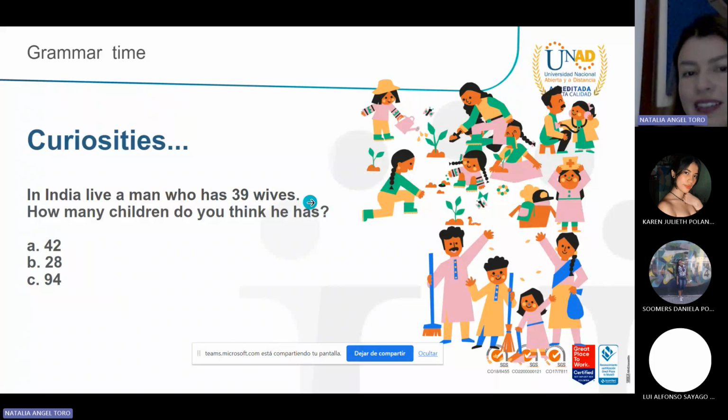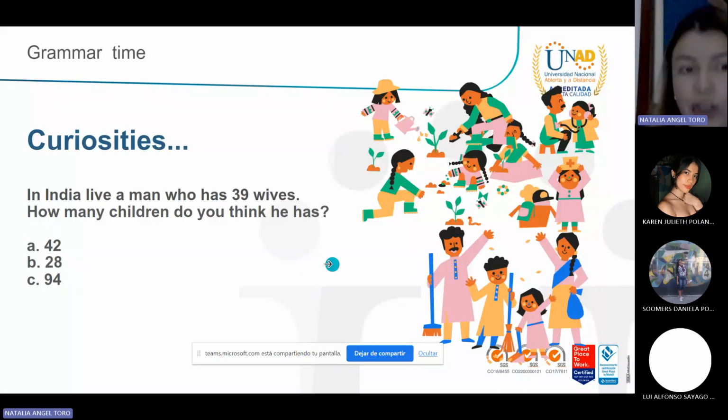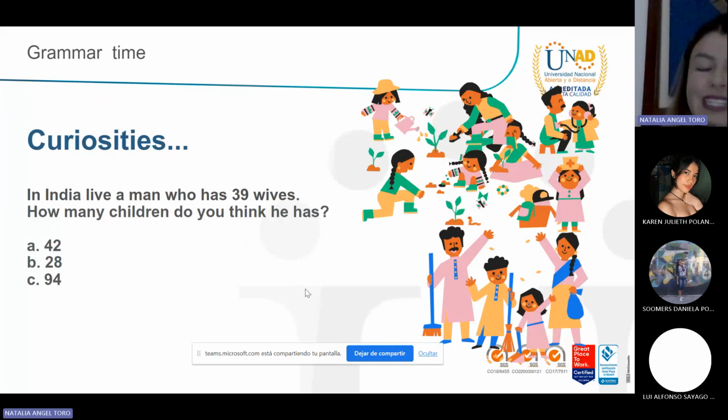This is amazing. 39. That's real? Yeah, it's a real curiosity. Actually, it's the biggest family in the world. It's true. It's real. Yeah, for sure. So imagine that. The question is, how many children do you think he has?